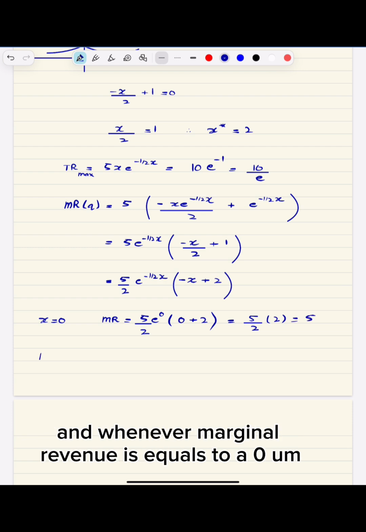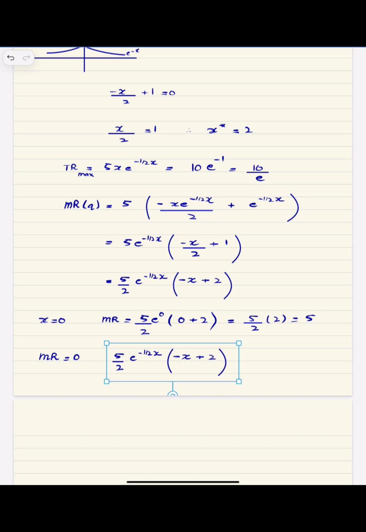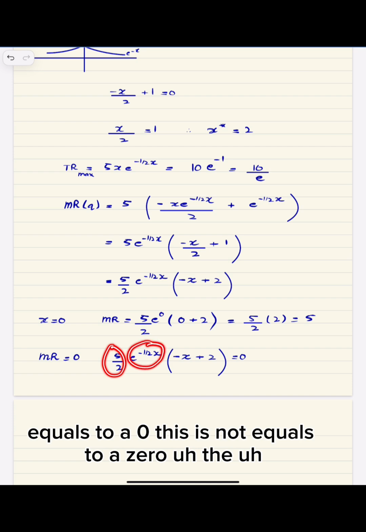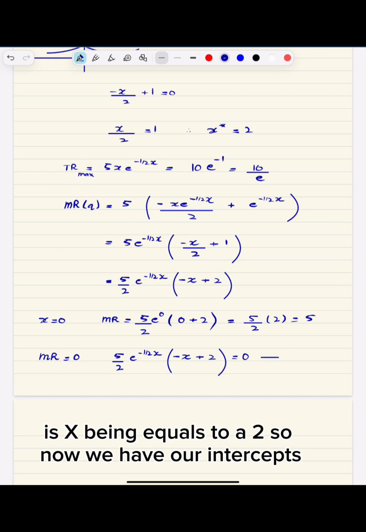Okay, and whenever marginal revenue is equal to 0, we have this whole expression equal to 0. And since 5 over 2 is not equal to 0, and e to the minus half x is not equal to 0, the solution that we get is x equal to 2.